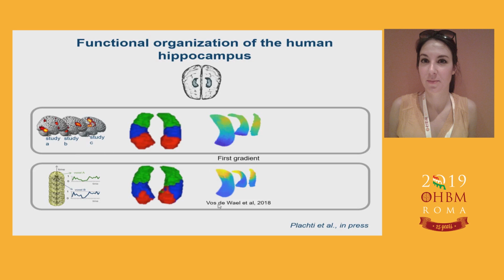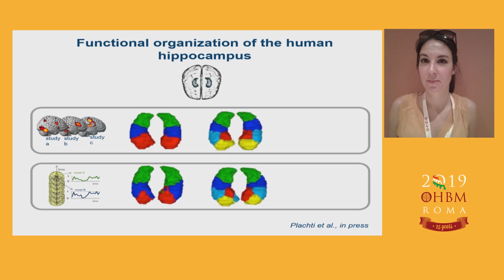What they show is a first gradient, a first dimension, along the longitudinal axis in different subregions of the hippocampus. So this really fits with the clustering algorithm: this main first dimension drives the differentiation in functional connectivity in the human hippocampus.